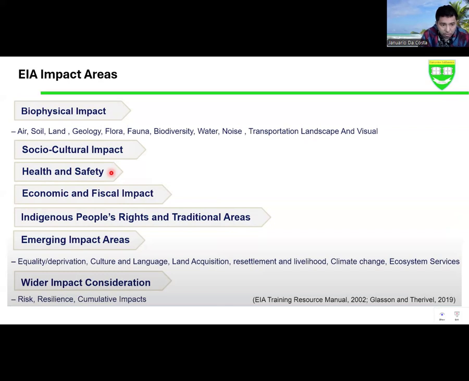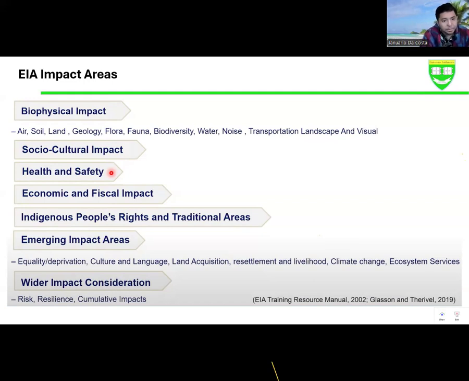You have also social cultural impact, the health and safety, economic and fiscal impact, and also probably the indigenous people's rights and traditional areas, or some other emerging impact areas like equality, culture and language, resettlement, climate change, ecosystem services, and etc. But the wider impact consideration is when you talk about the risks, resilience, and all the cumulative impact associated with it.